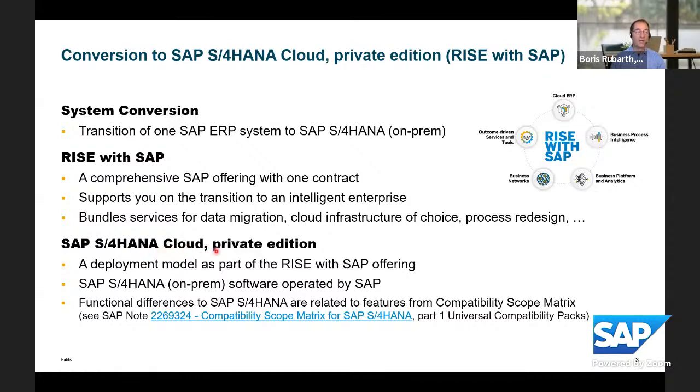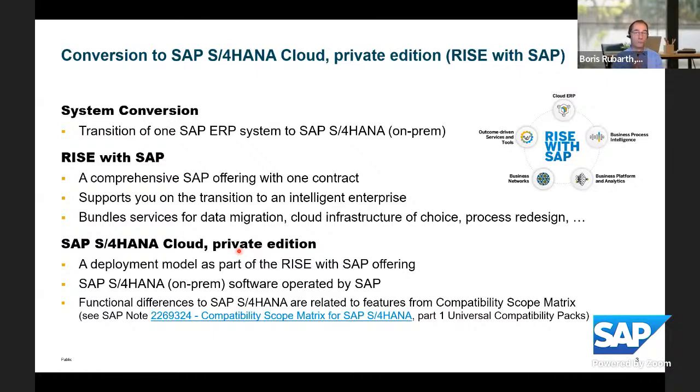This SAP S/4HANA Cloud Private Edition is one possible deployment model as part of the RISE with SAP offering. So SAP is offering this program RISE with SAP, and that is not restricted to S/4HANA Cloud Private Edition.